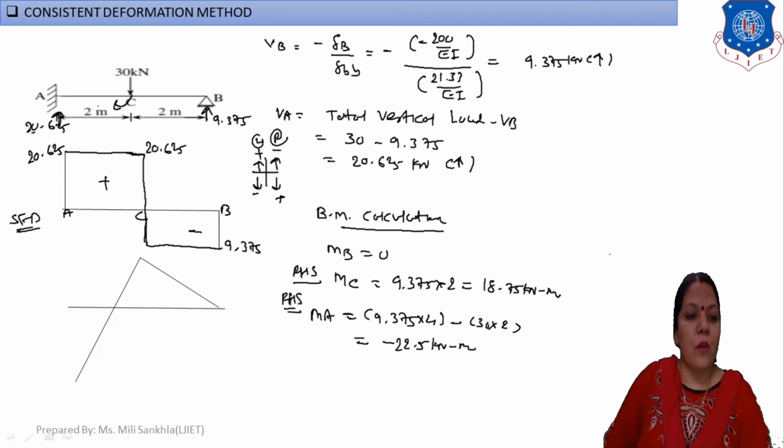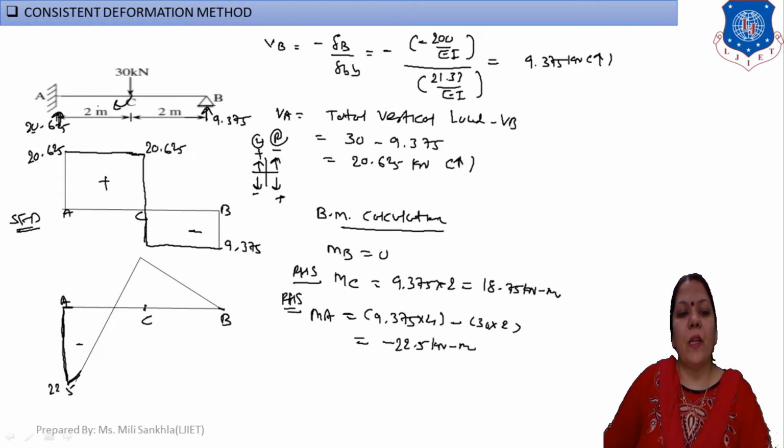Now we draw the BM diagram. First of all, make the points. This is A point, this one is C point, and this is our B point. At A point my moment is minus, that means I draw below the reference line, vertically, and this moment is equal to 22.5.